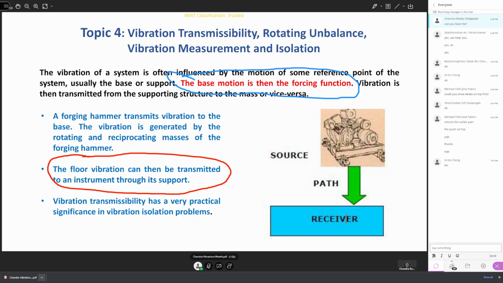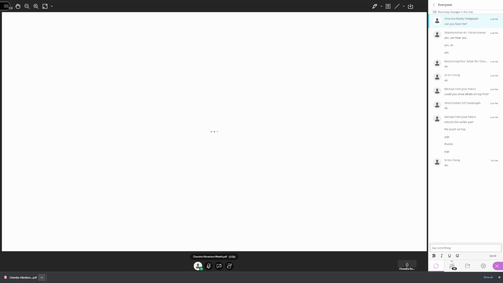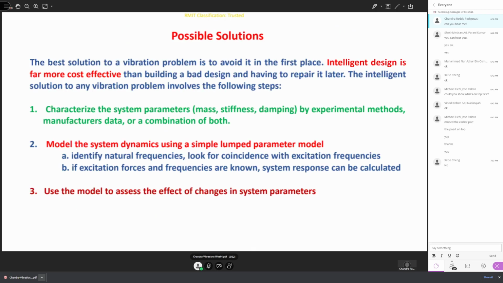This vibration transmissibility is of very practical importance, and we need to study this so that we can understand how to avoid it. So how do we solve this? The vibrations pass through the system from the base. Of course, the most important part is you need to come up with an intelligent design.